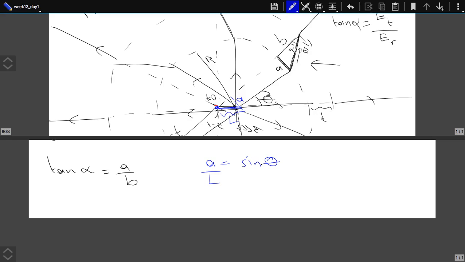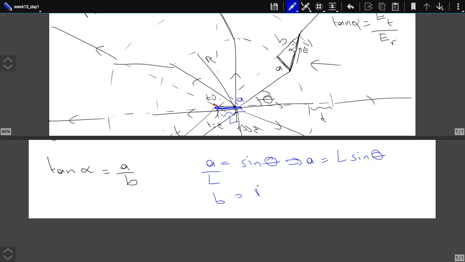Well, that doesn't really matter. That is such a small distance. So this tells me that A is equal to L times sine theta. What is B?